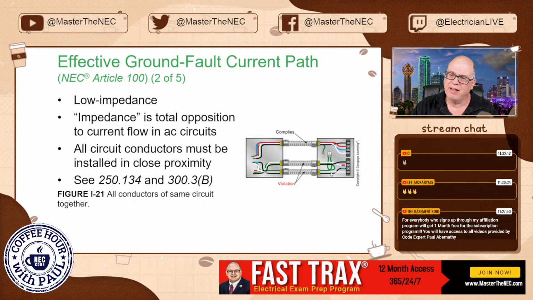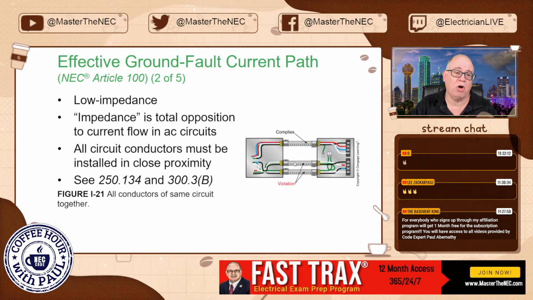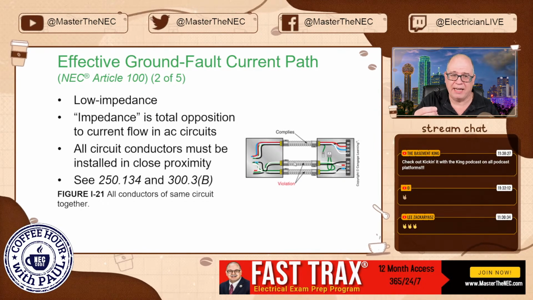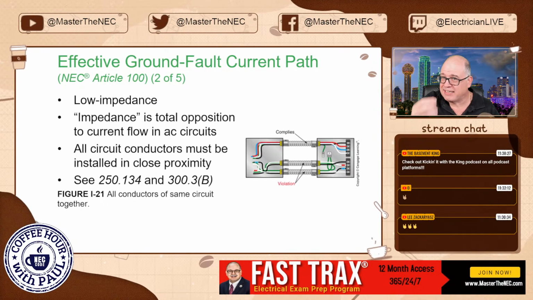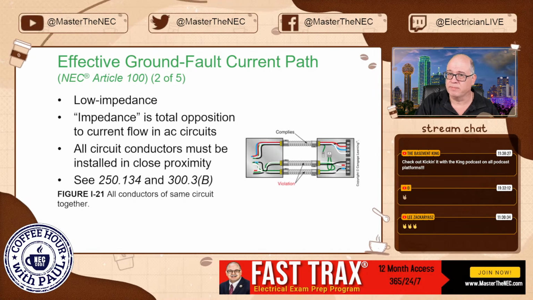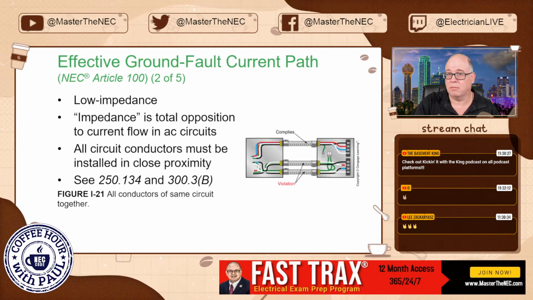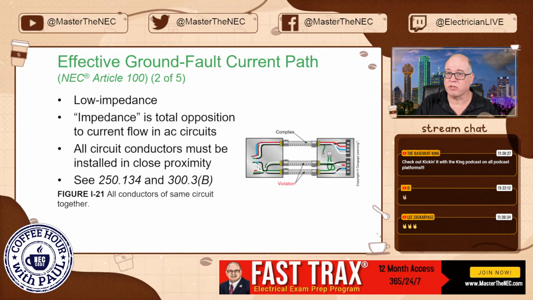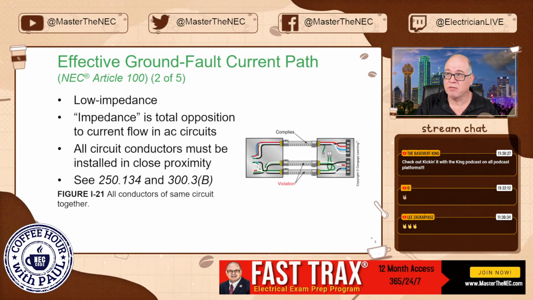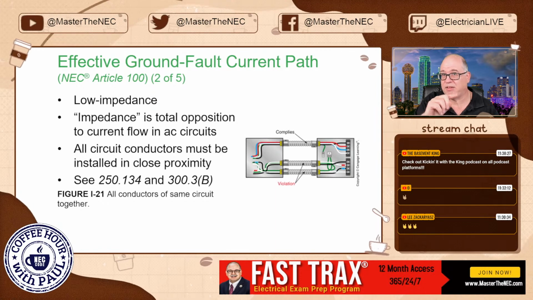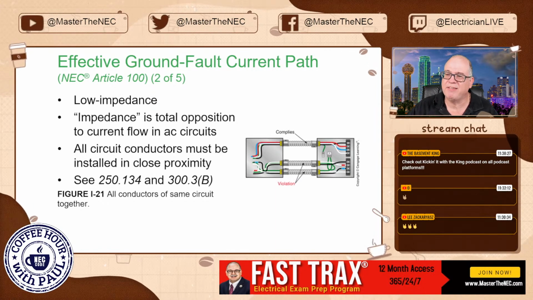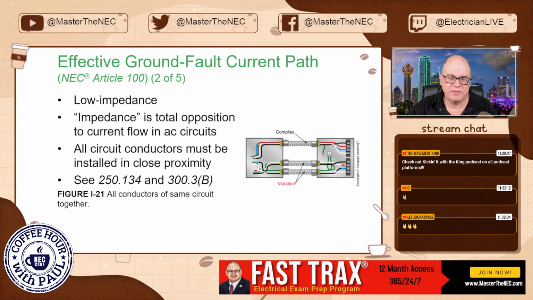I'm going to take that white because the code allows me to re-identify a grounded conductor in a cable if I'm using it as an ungrounded conductor, 200.7(C), I believe, might be C1. And so he says, I've got it covered, okay?